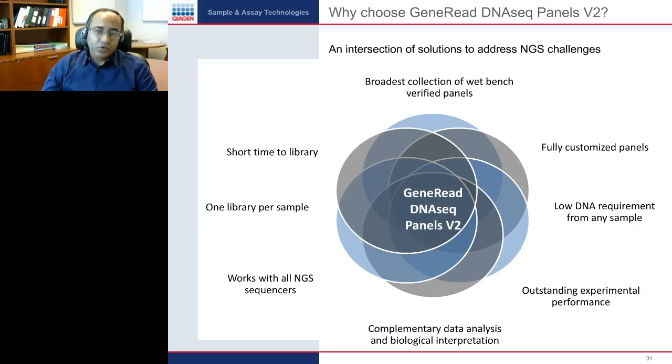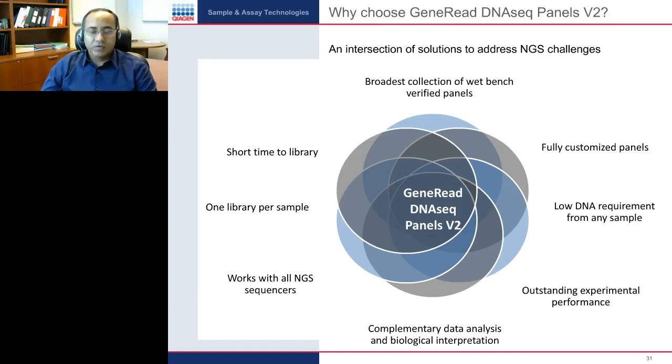One of the so-called bottlenecks for next-gen sequencing is data analysis and biological interpretation. And QIAGEN's targeted gene panels provide complementary data analysis and biological interpretation to solve that bottleneck for next-gen sequencing. And it works for all the NGS sequencers.